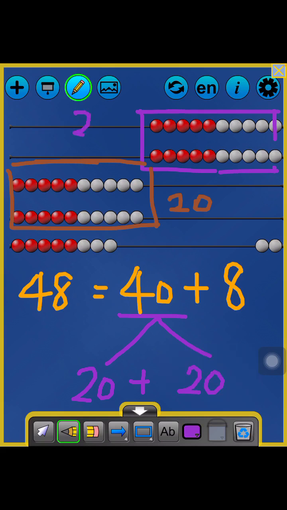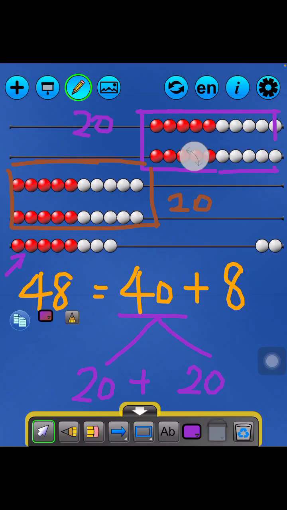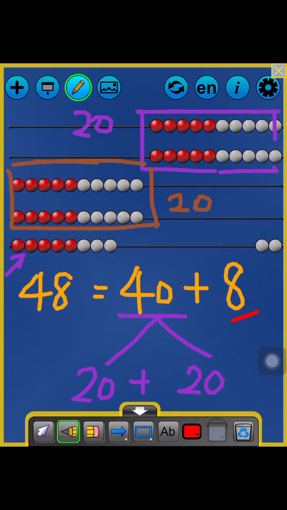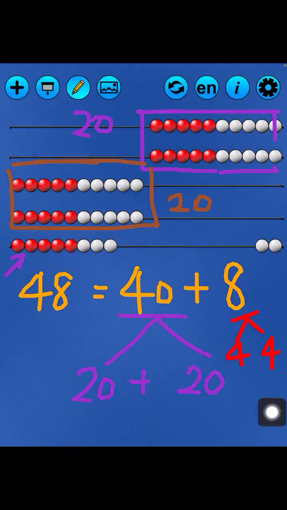Next, we will split the remaining 8 beads into half too. If we split 8 into half, it equals 4. So 4 plus 4 equals 8, right?